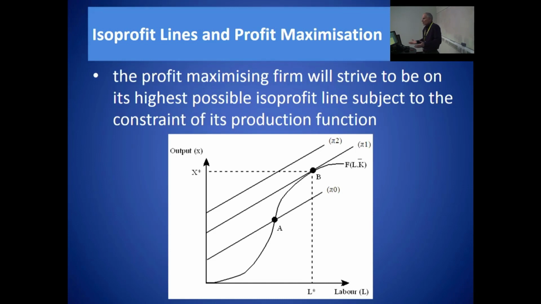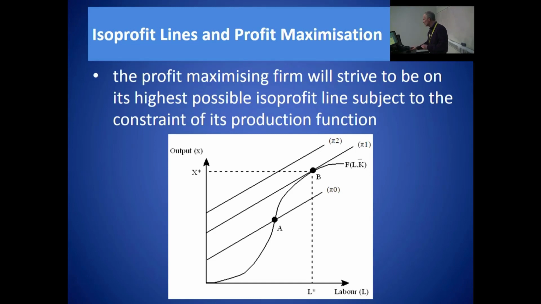And that is the profit maximising point, where this firm would optimally choose to employ L star units of labour to produce X star units of output and enjoy a level of profits pi 1. It could not reorganise its production such that it made a higher level of profits. And that is the optimal amount of labour, and therefore by extension output, the firm should employ.